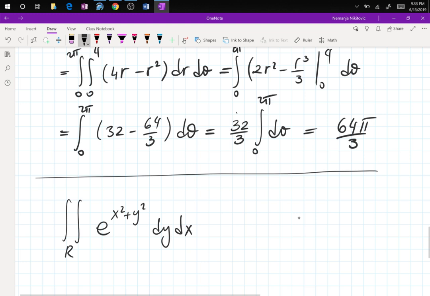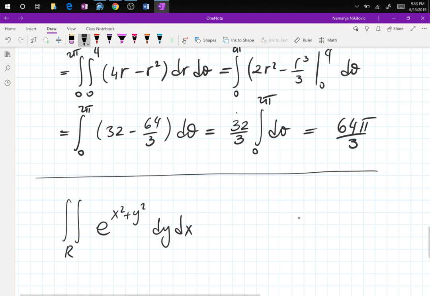You're staring at it and you say, well, I can't integrate in terms of y because if I'm integrating in terms of y, e to the y squared, I need y over here for u sub. Or I need something else to do by parts. But then you say, x squared plus y squared is r squared.